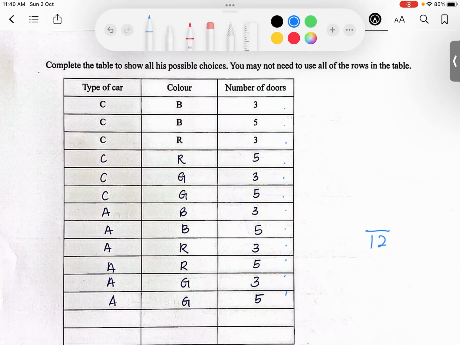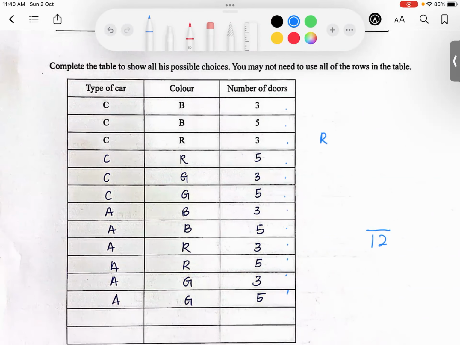For example, I want the number of cars that are red with an odd number of doors. So I'll look at red with odd number of doors: red color, odd number, red color, odd number. So in this case, I will have a total of 4 cases. Then you need to simplify the fraction.